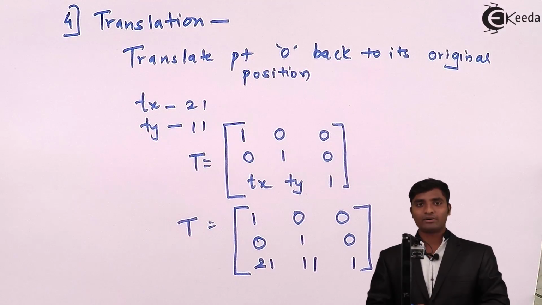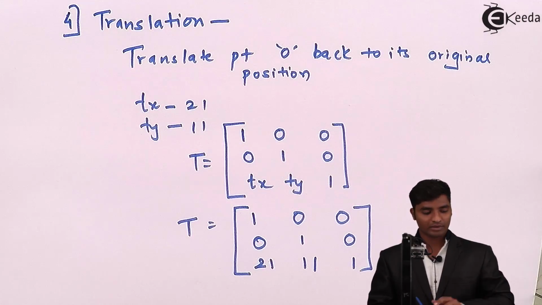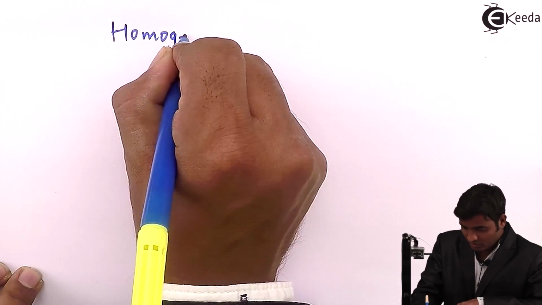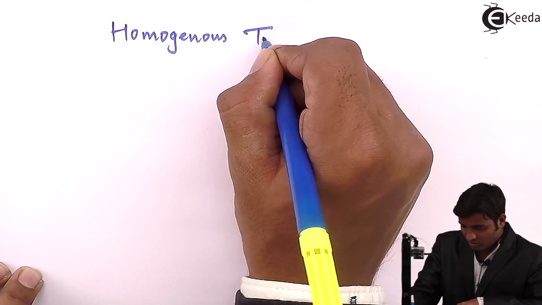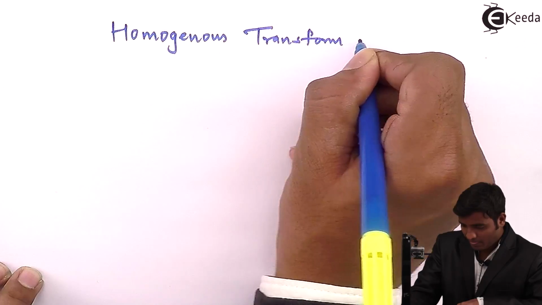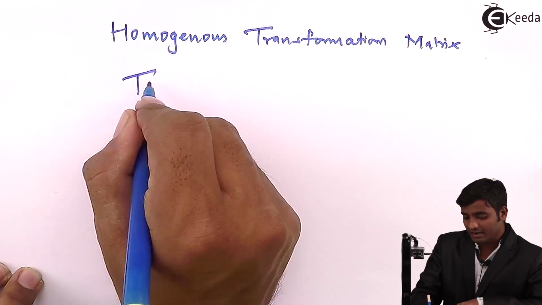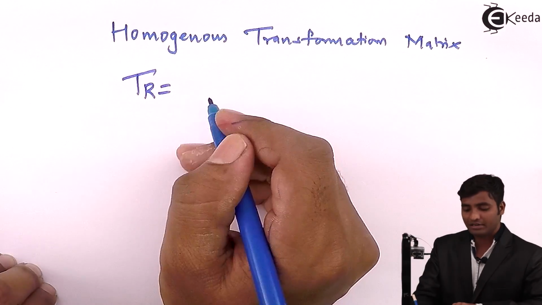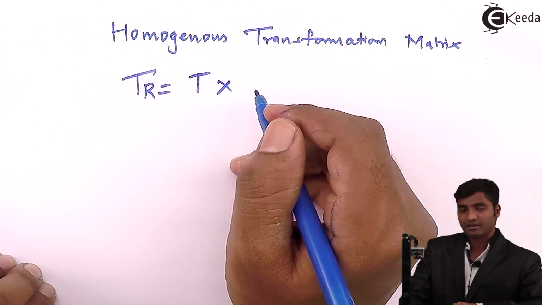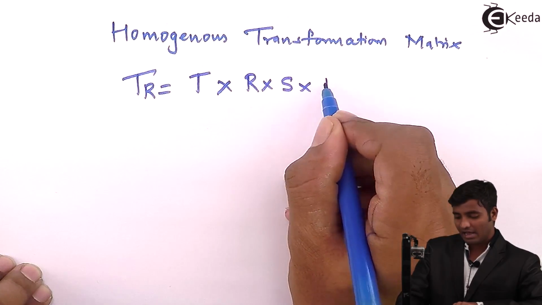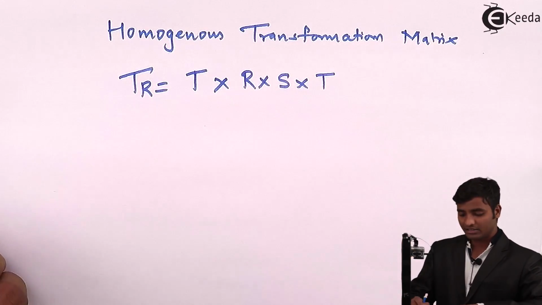Now we will calculate the total transformation, which is also known as the resultant transformation, because we have to find the homogeneous transformation matrix, that is TR. First we did translation, then we rotated, then we scaled, and lastly we performed back translation.